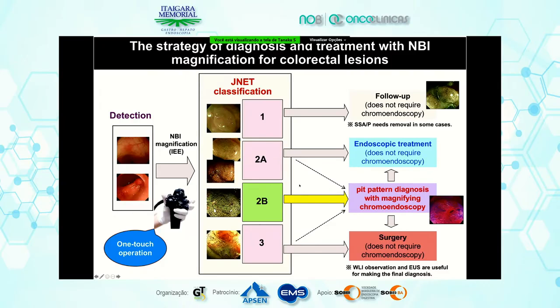From now on, in daily practice, the chance to use indigo carmine dye spraying will decrease. But when you want to determine the gross appearance, such as 2C, 2A plus 2C, LST, NG pseudo-depressed type, indigo carmine dye spraying is essential.